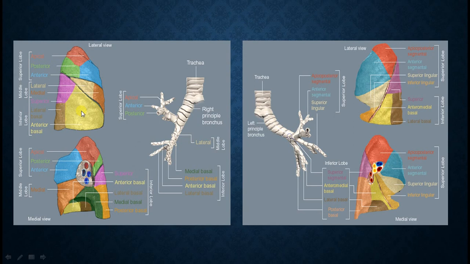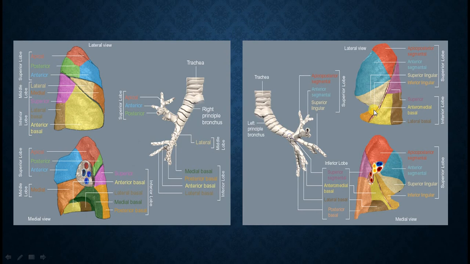Okay. Now coming to the bronchopulmonary segments of the left lung. Again it is apical, anterior, posterior, superior lingular and inferior lingular. Again 5 segments for the upper lobe, even though there is no middle lobe.